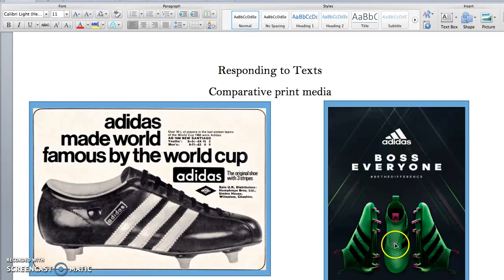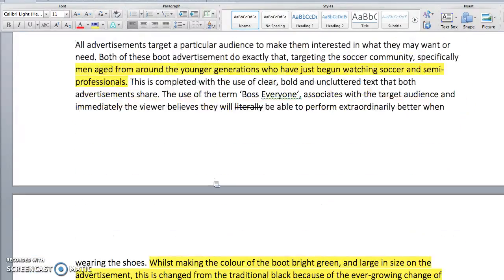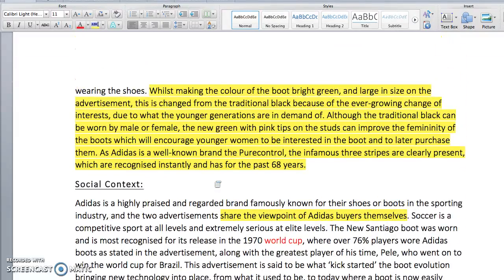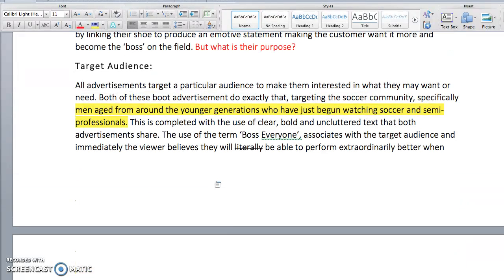Do they want to wear this kind of boot? You need to have a look and do a bit of research into that. But I think definitely it's a male audience, despite the rise of soccer amongst young women.